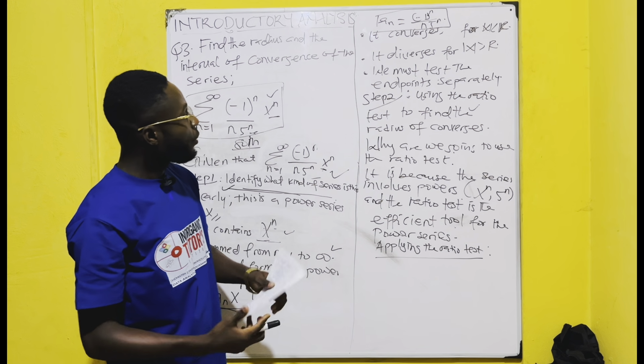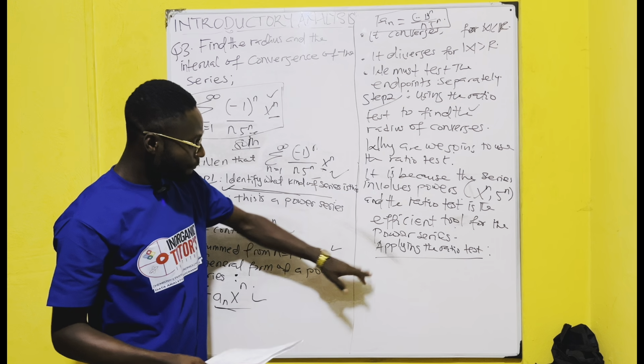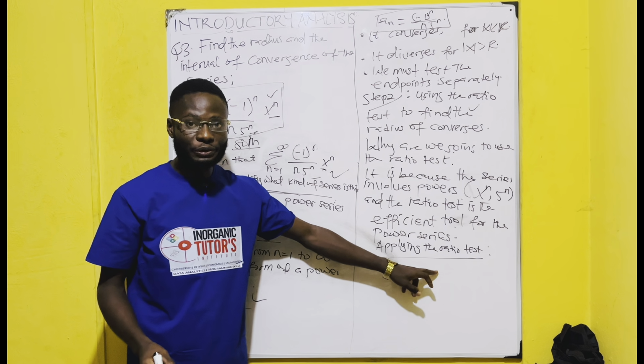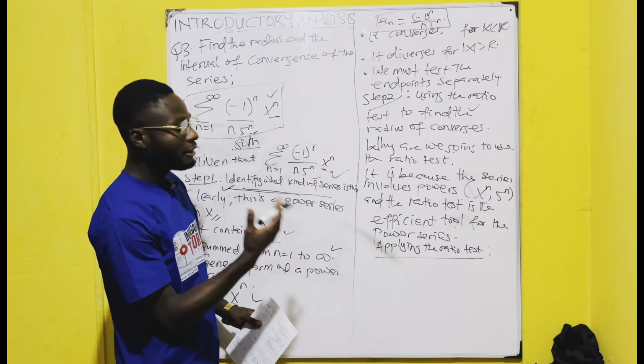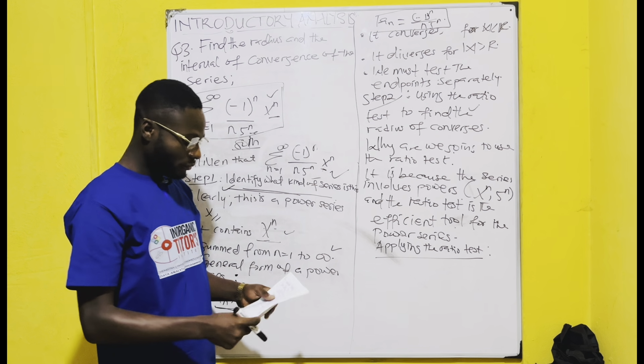So now, what we are going to do is basically use the ratio test to determine the radius of convergence, right?